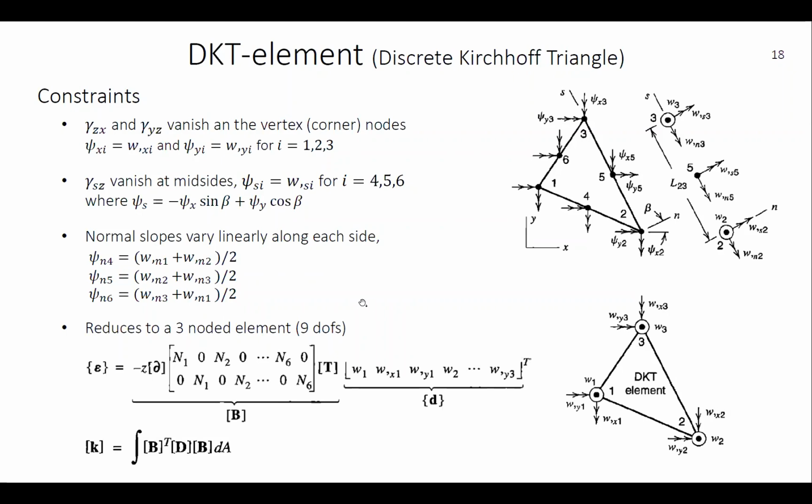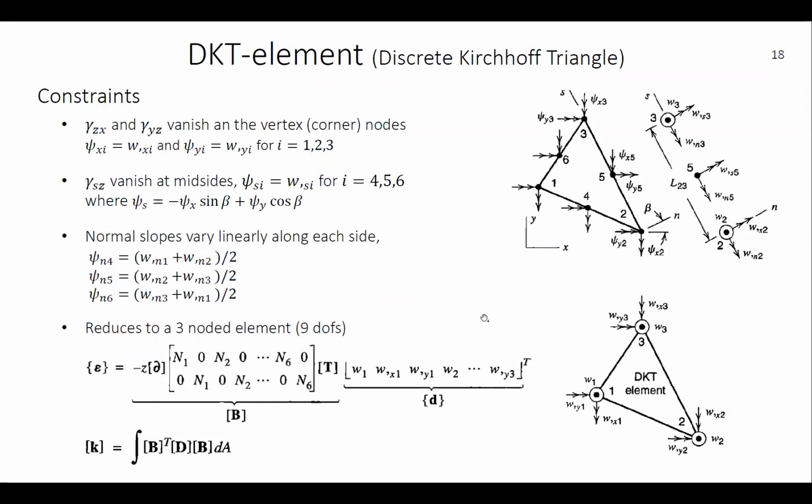So the normal direction is the normal slopes. There is a more detailed description in one of the chapters in the book if you're interested in knowing more details on how to obtain these derivations.